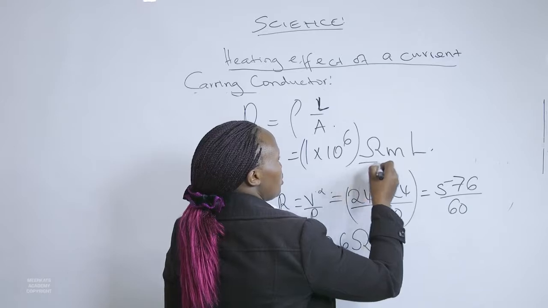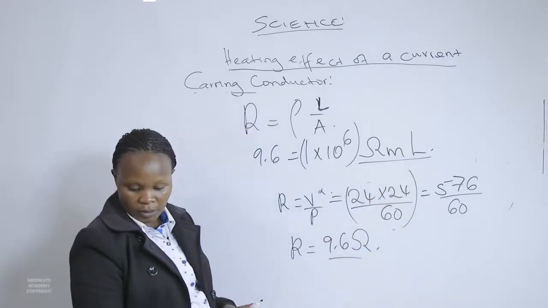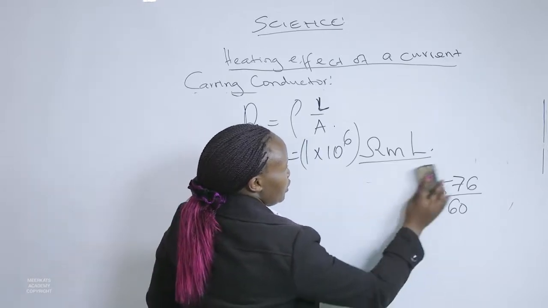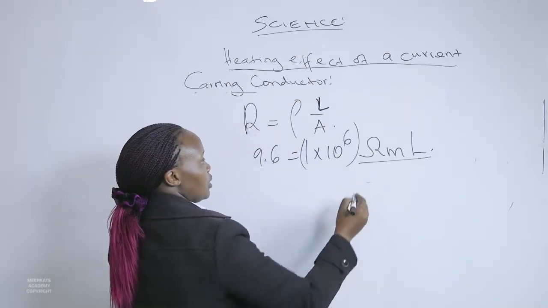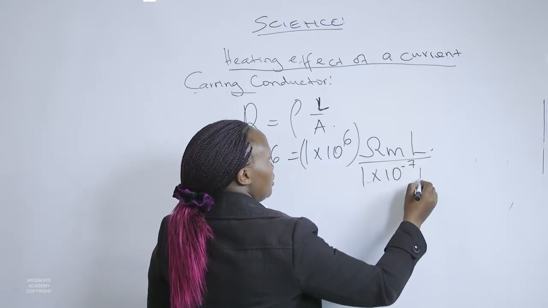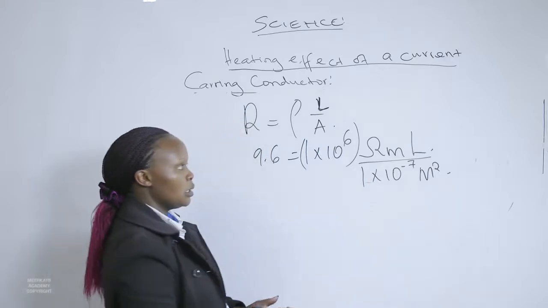Then the length, which we are looking for, we divide by the area, which again had been given as 1 times 10 to the power negative 7 meters squared.